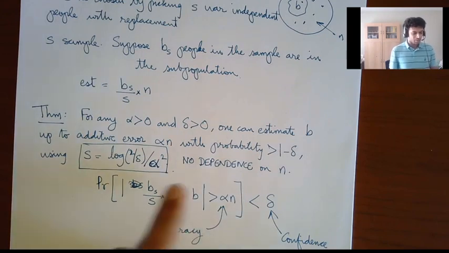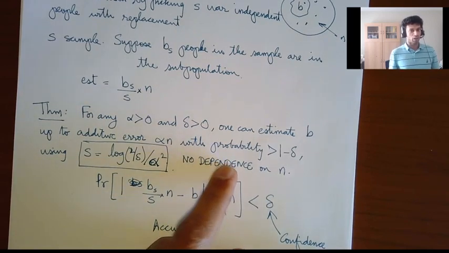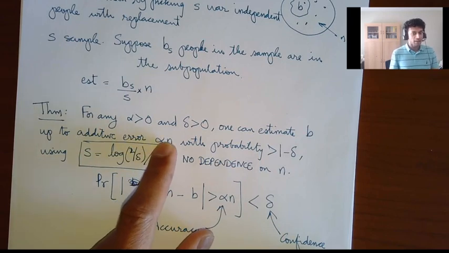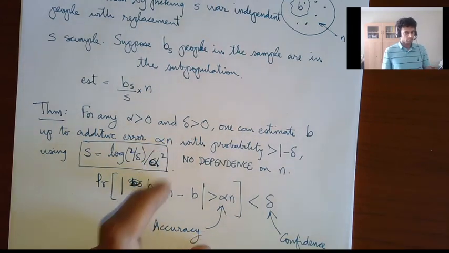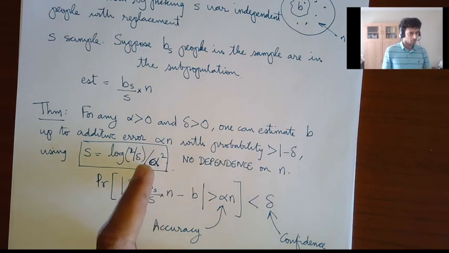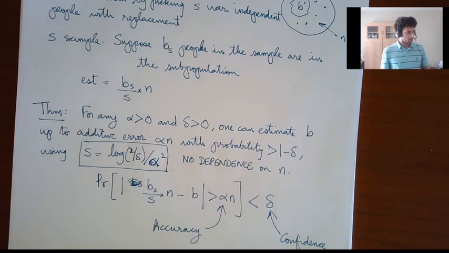And you say the size of your sample does not depend on N, regardless of what N is. If you're looking for an additive percentage error, then it only depends on the accuracy and the confidence that you want. It has no dependence on the size of the population.